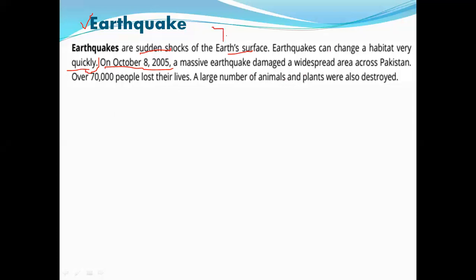It was a 7.6 magnitude earthquake. That is too much. All was mountainous area in Kashmir, so there were a lot of casualties. A large number of animals and plants were destroyed, and human beings became homeless.